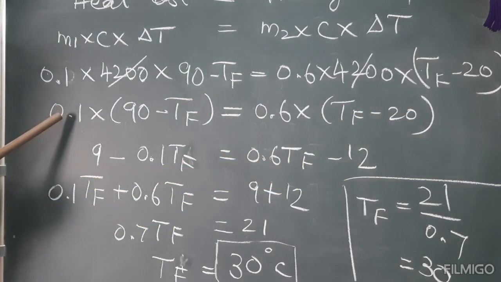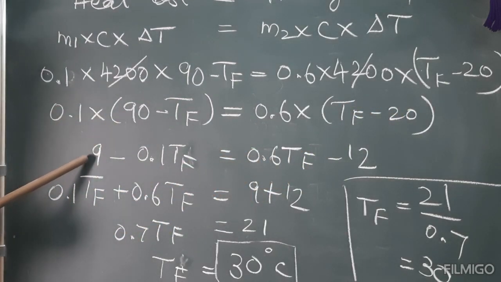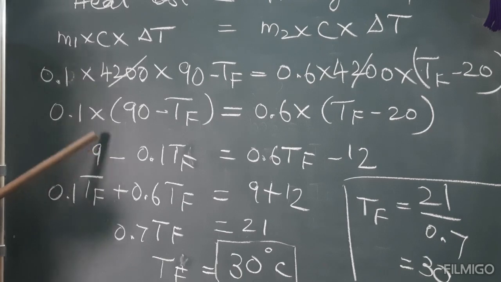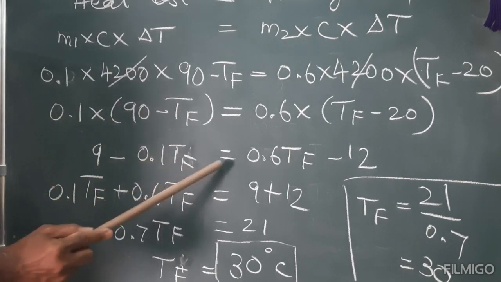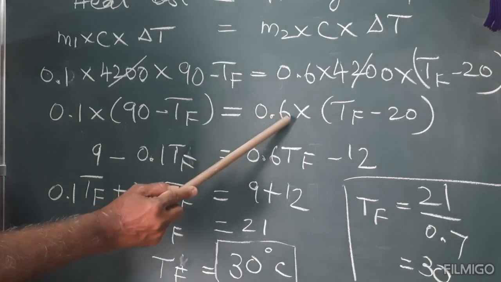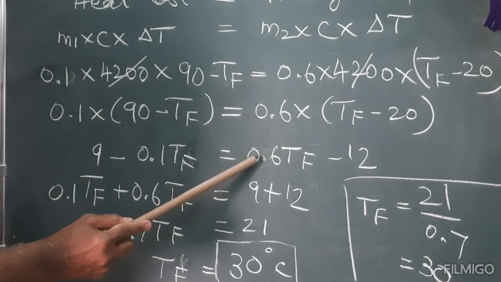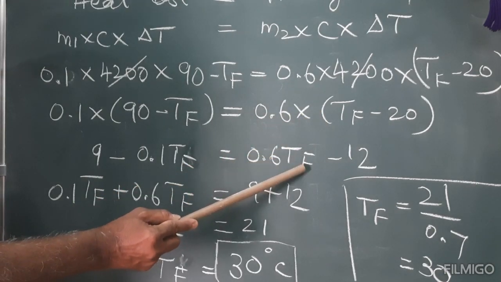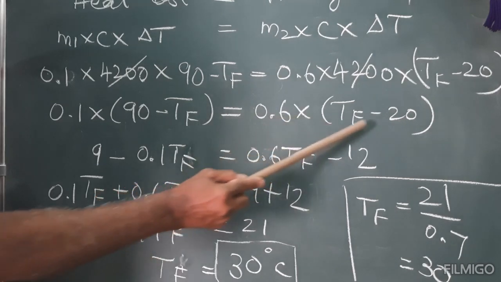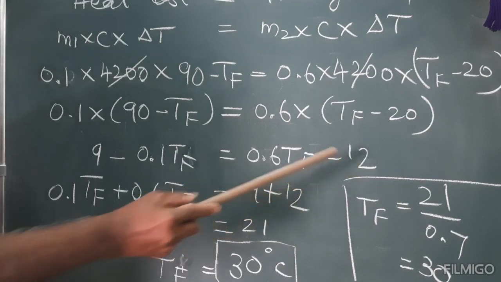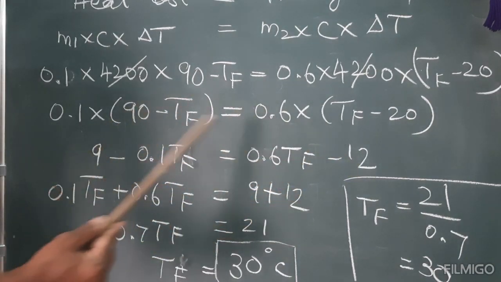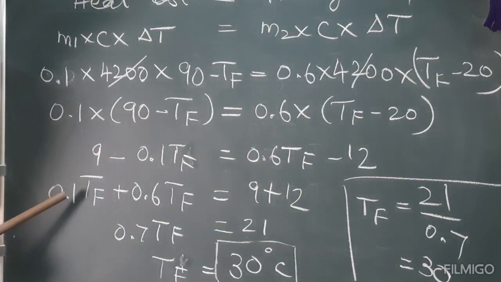When you multiply 0.1 and 90, you get 9, then minus 0.1 Tf, that is equal to 0.6 into Tf, that is 0.6 Tf, minus 0.6 into 20, which gives you 12. Now you exchange these terms sidewise.